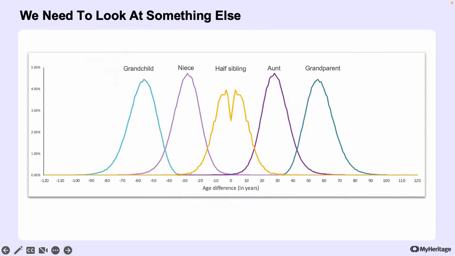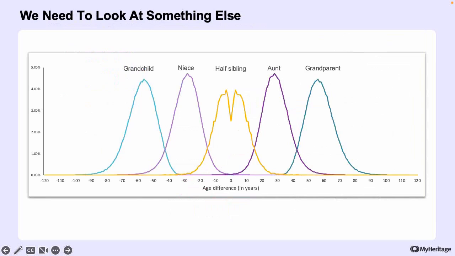So someone who is my grandchild will be on average 60 years younger than me. But if someone is my half sibling, it can be from 1 to 30 years of difference.